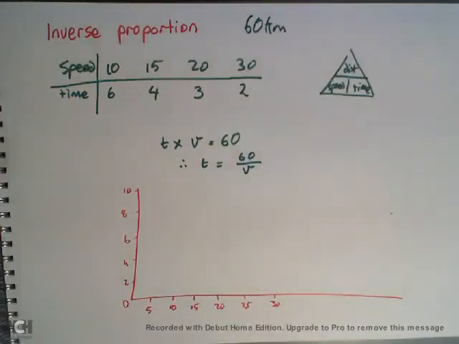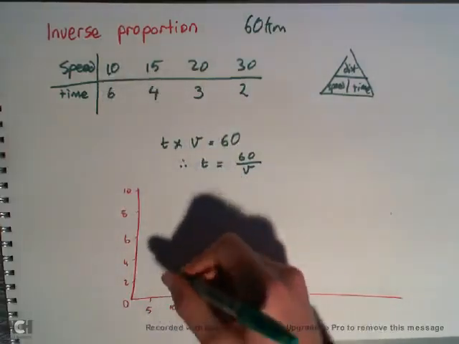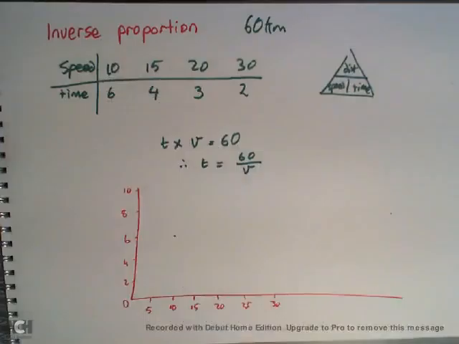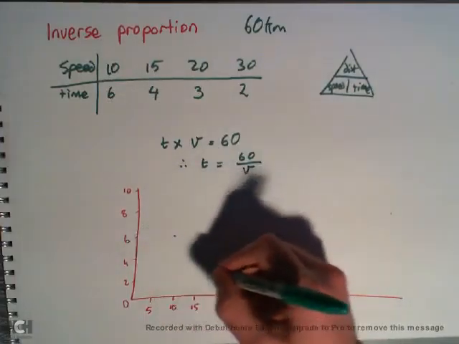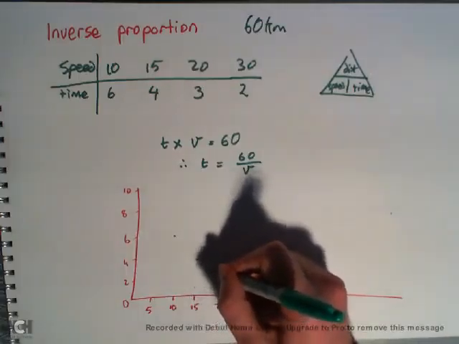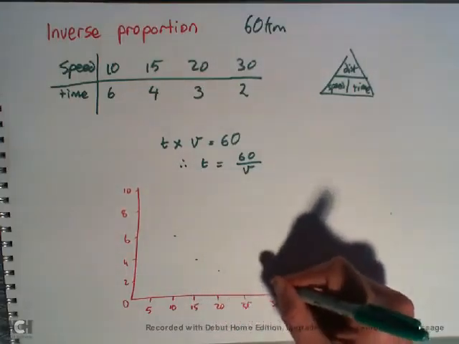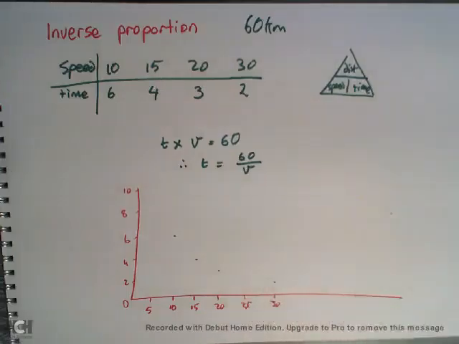Alright, put our points in. At 10, our time is 6, so we've got the point there. At 15, it's 4, so a point there. At 20, it's 3, so halfway between them. And at 30, we've got 2.